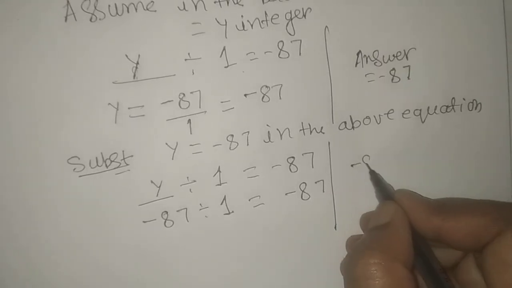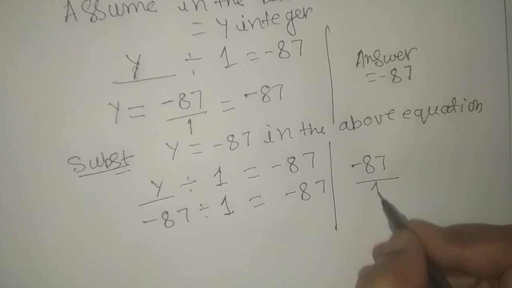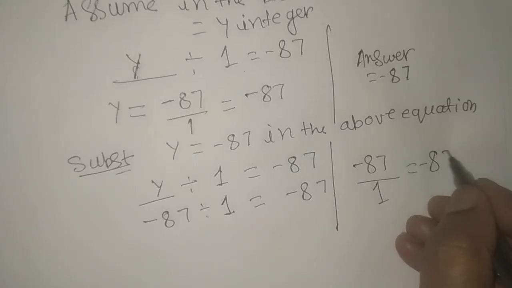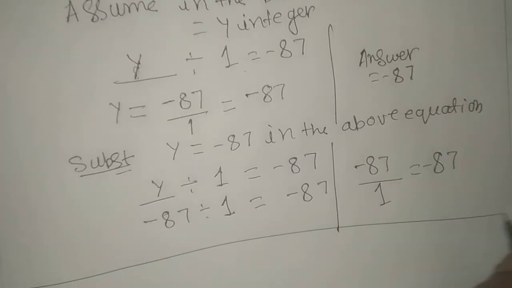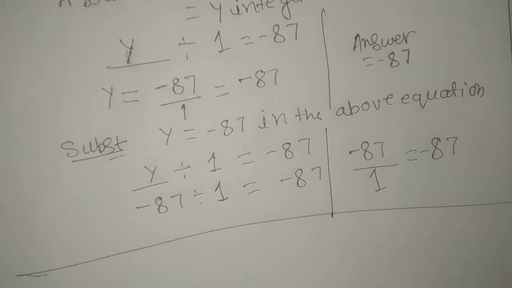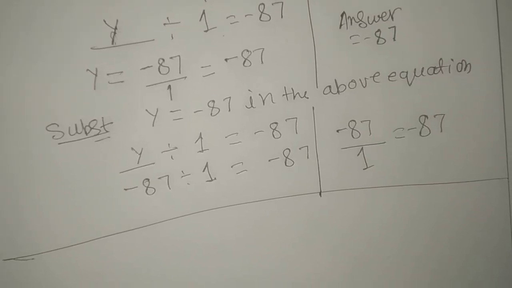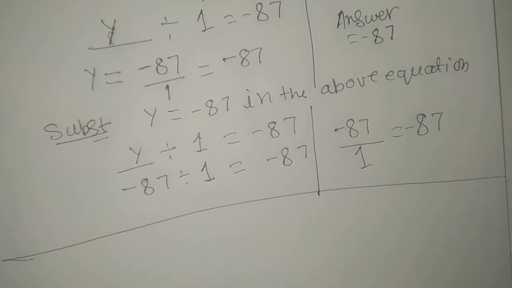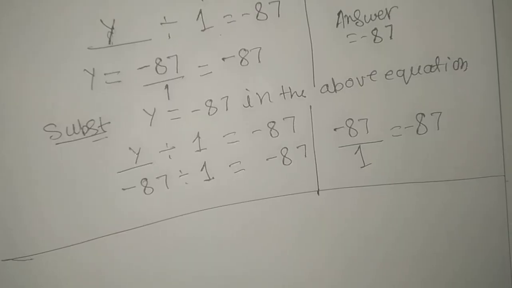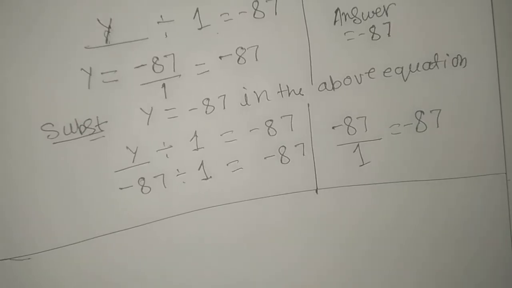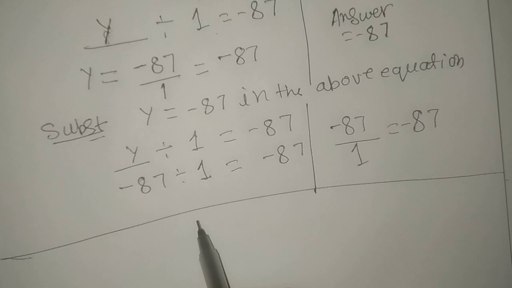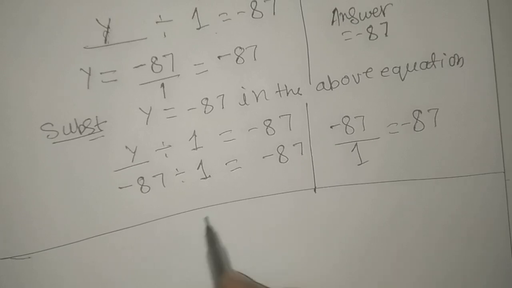So this can be written like this: minus 87 by 1 is equal to minus 87. So this is the solution for this.